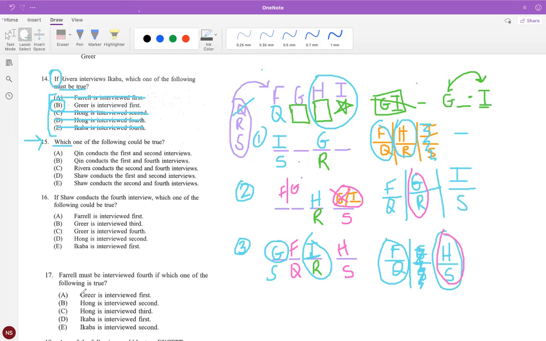All right, so go ahead and look through these answer choices and tell me, okay, and this is like could be true too. Yes. All right. Okay, so Greer is interviewed in the first one, so I would hold on to that one. All right. The second one, Greer is interviewed in the third, so I would cross that out.